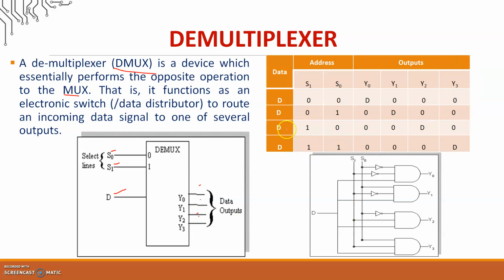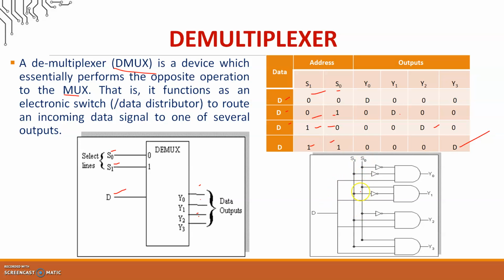So I have one input D, and my selects are S0 and S1. It acts as a switch. If I put 0, 0, the output will be Y0. If I make it 0, 1, the output will be Y1. For 1, 0, the output will be Y2, and for 1, 1, the output will be Y3.